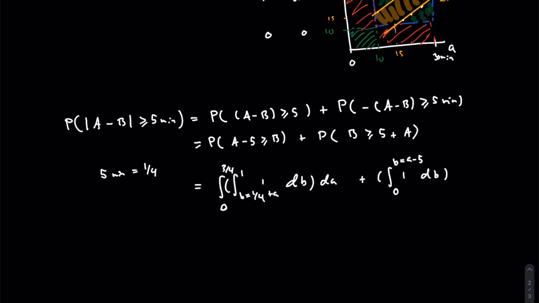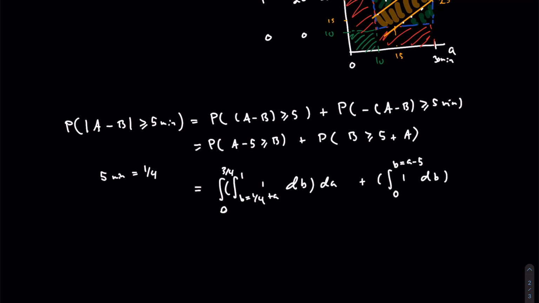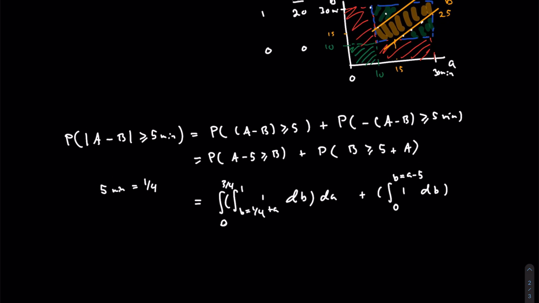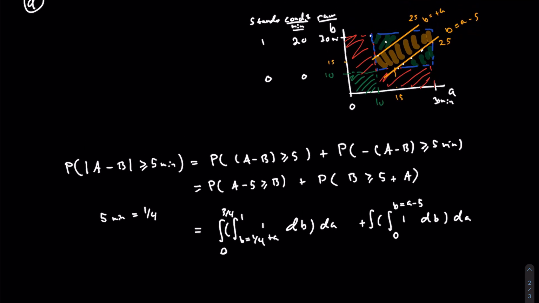Yeah, so we have 0 because we're starting in the y direction and going up at the upper bound of B. And A now goes from, when we integrate over A, we go from here, which is 1/4. So why is that 1/4? Because that's 5 minutes in, which is 1/4 of 20 minutes. So 1/4 and all the way up to A.